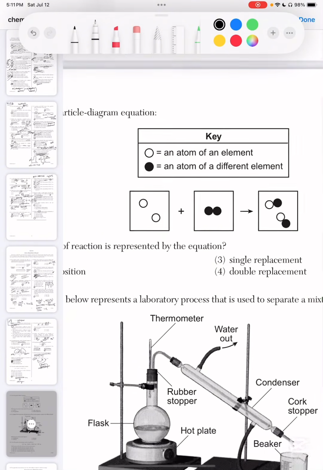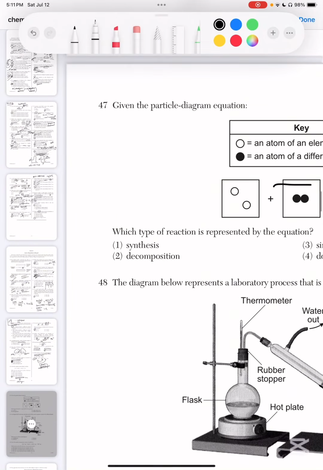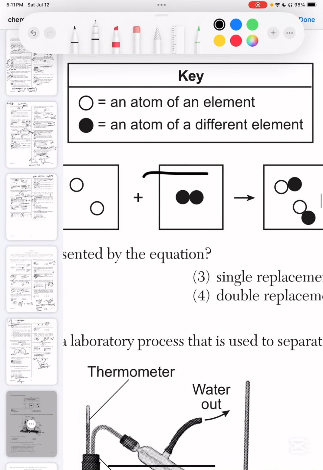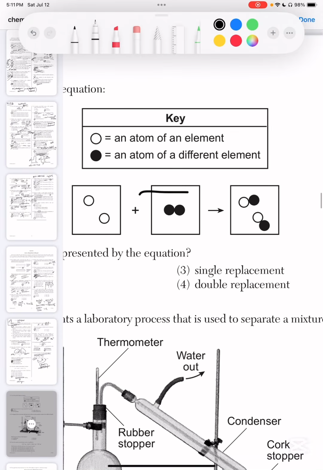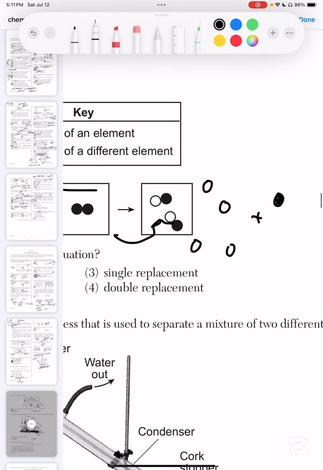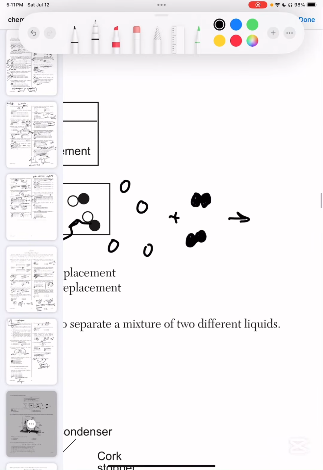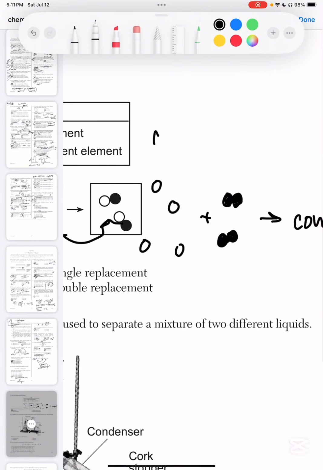Oh, wait, yeah. It's combining, okay. I was like, what? Okay. This one would be synthesis because it's 2 smaller things combining into this, right? It's elements combining with elements to form a compound.